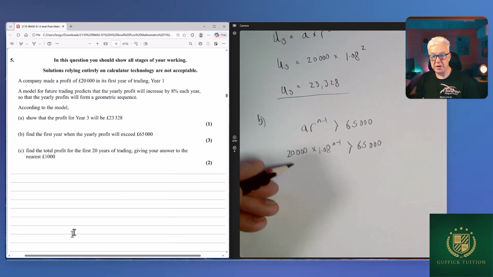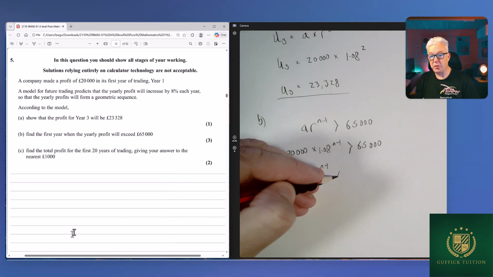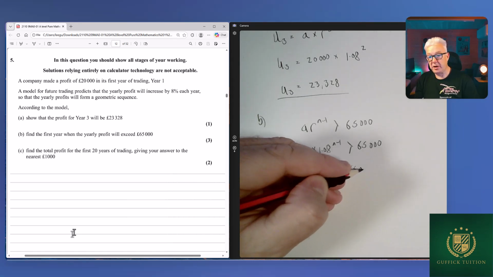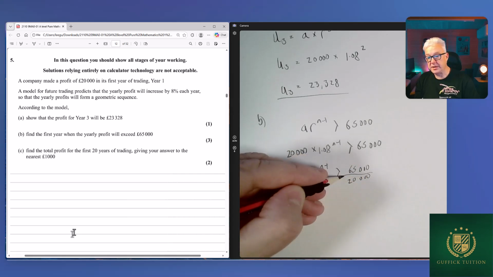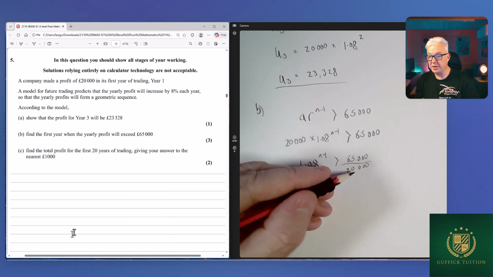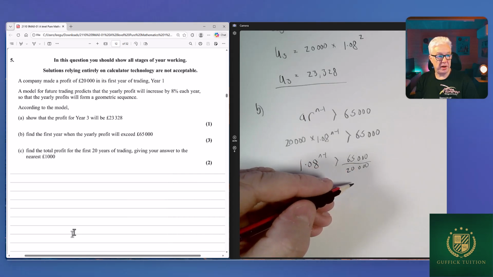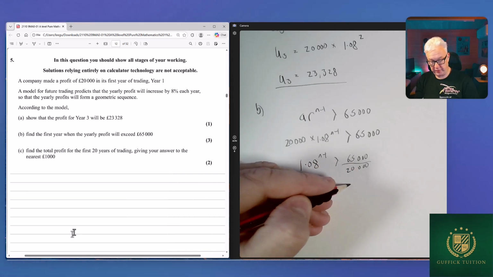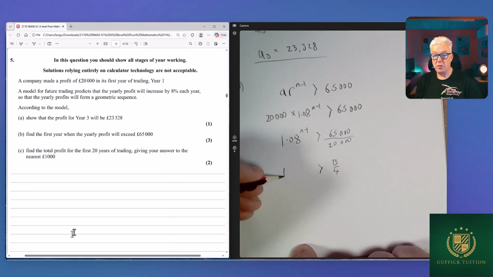So I'm going to divide by 20,000. So 1.08 to the n minus 1 is greater than 65,000 divided by 20,000. Now 65,000 divided by 20,000 simplifies into 13 over 4. So 13 over 4 is greater than 1.08 to the n minus 1.